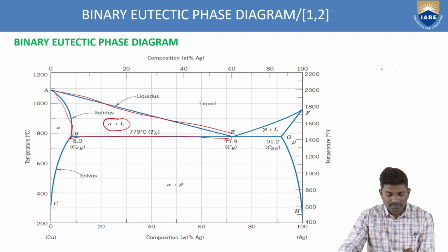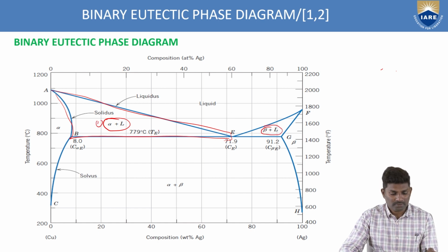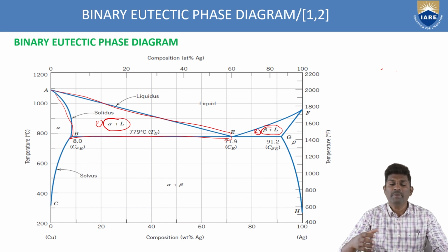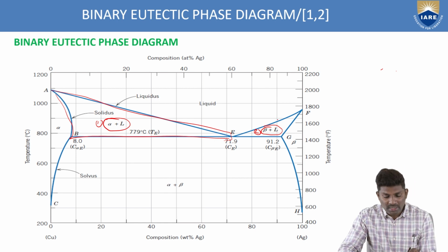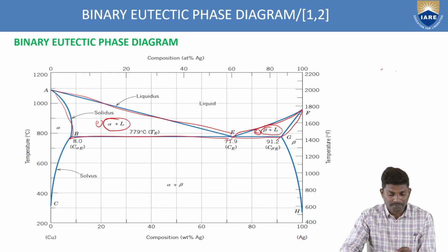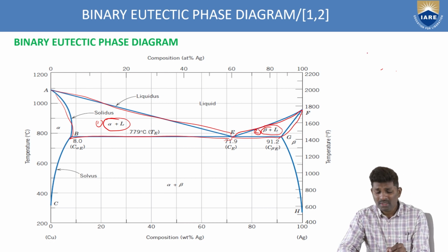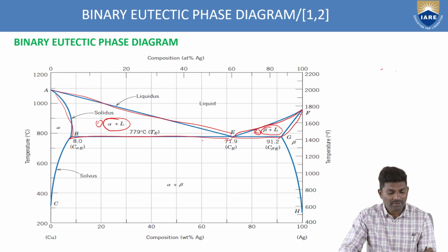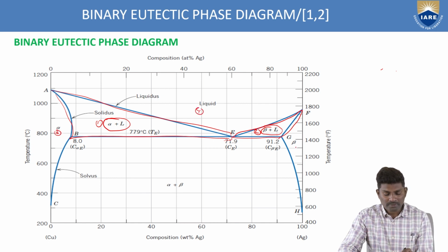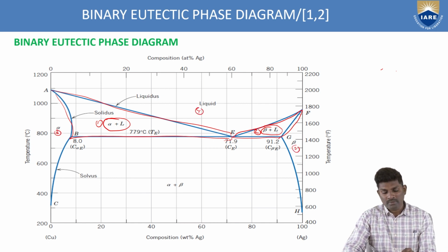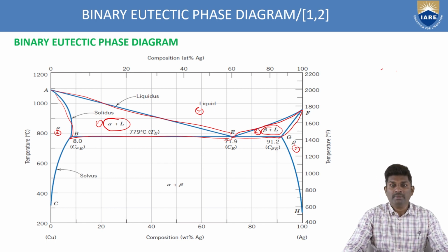Similarly, at this place also, beta plus L. That means you have one more two phase region at E, F and G. So in total, how many regions do you have here? 1, 2, 3, 4 and 5.